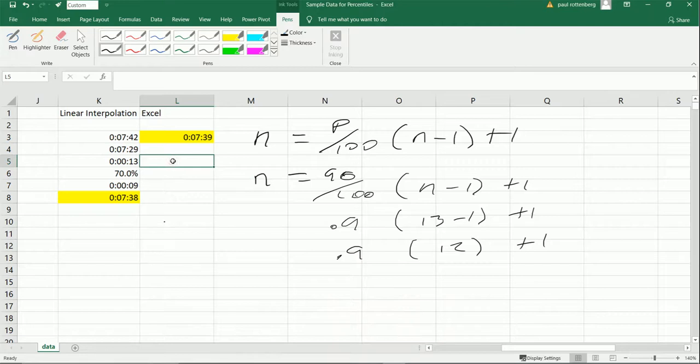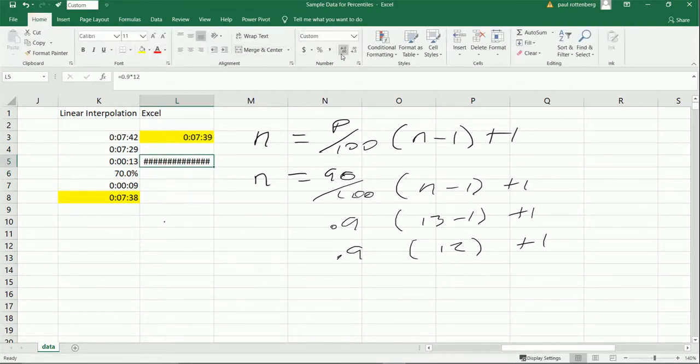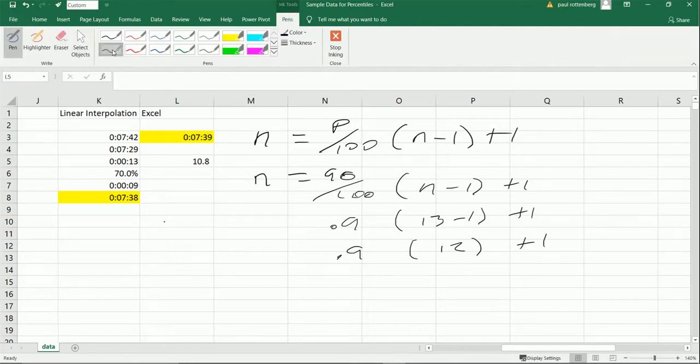We'll say equal sign 0.9 times 12 to come up with the answer, and the answer is 10.8. So going back over here to our description, it's actually 10.8 plus 1, which equals 11.8.